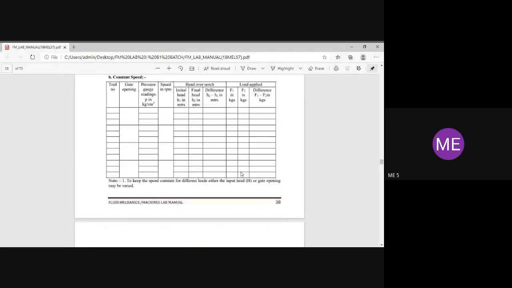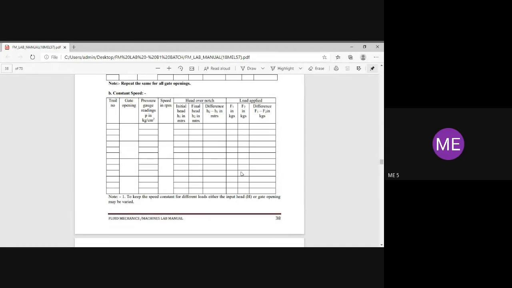I'm giving only two gate openings: 90° and 180° for constant head, and the remaining 270° and 360° I'm giving for constant speed. Next you have to note down this tabular column, constant speed. Try to understand one calculation, then you will find the rest easy.